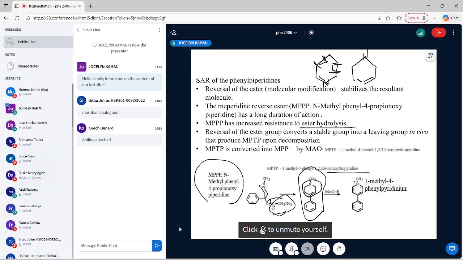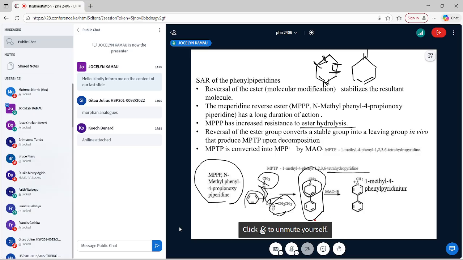The N-methyl means the methyl is joined to the nitrogen, and then the phenyl, and then the 4-propionoxy, which is propionoxy because now we are starting with the oxygen. 4-propionoxy piperidine. You can see it's a piperidine derivative, and that we understand.